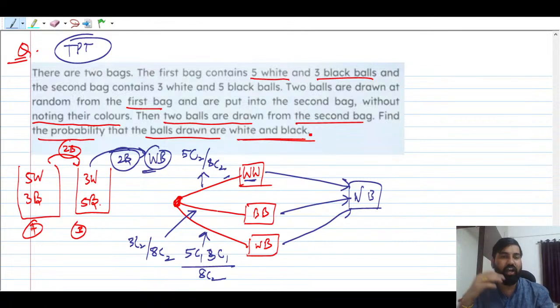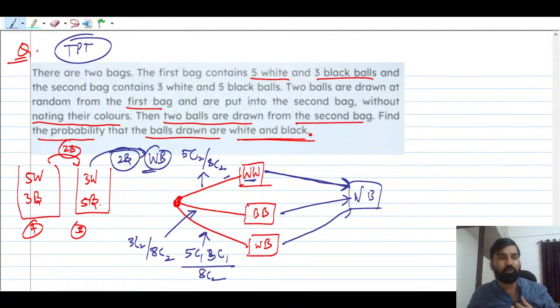So I think this is clear how we find out the probabilities, right? 5C1 into 3C1, this is clear. This branch probability, like initial belief, you can compute quickly. Now you have to compute this conditional probability. If both whites are there, then how many white balls are there?